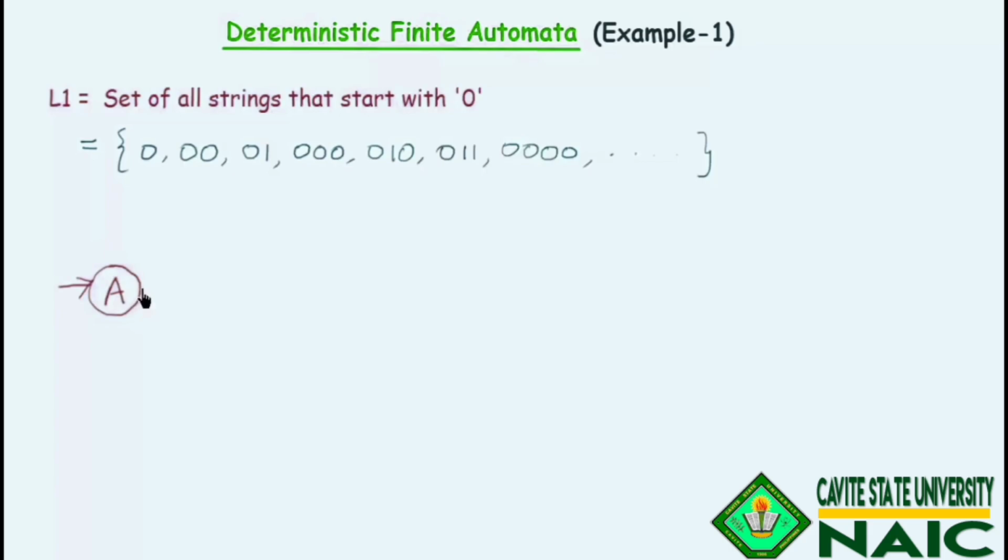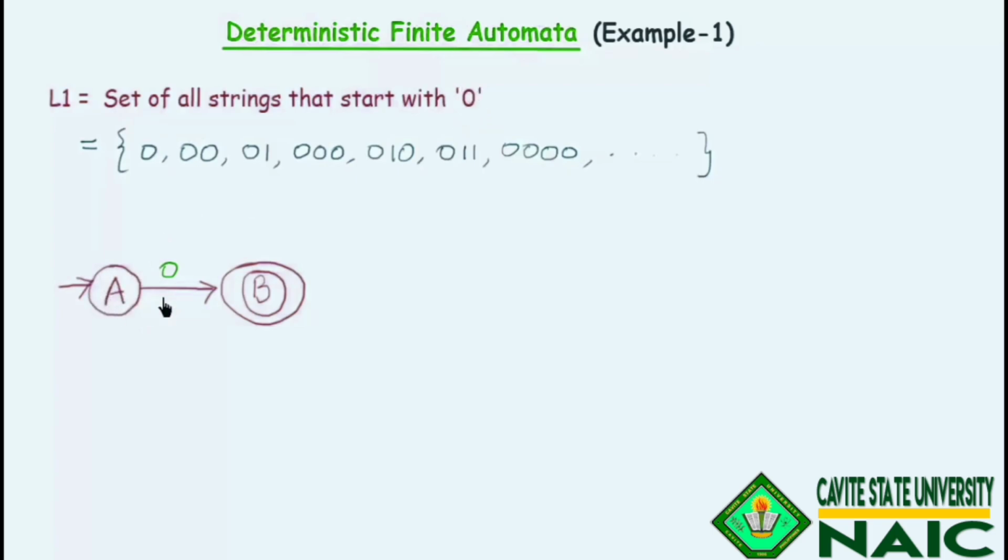Suppose I get input 0 in this A, I send it to another state which I call B, and I put a double circle around this B. Now what is the meaning of this double circle? Double circle means this is the final state. Now when I give input 0 to A, it goes to B, because I have to design a DFA that accepts all strings that start with 0.